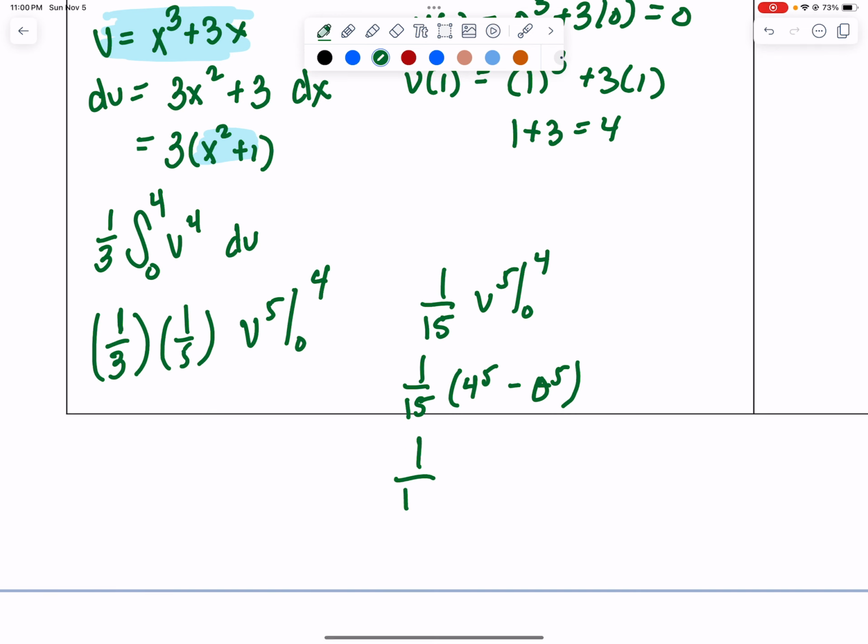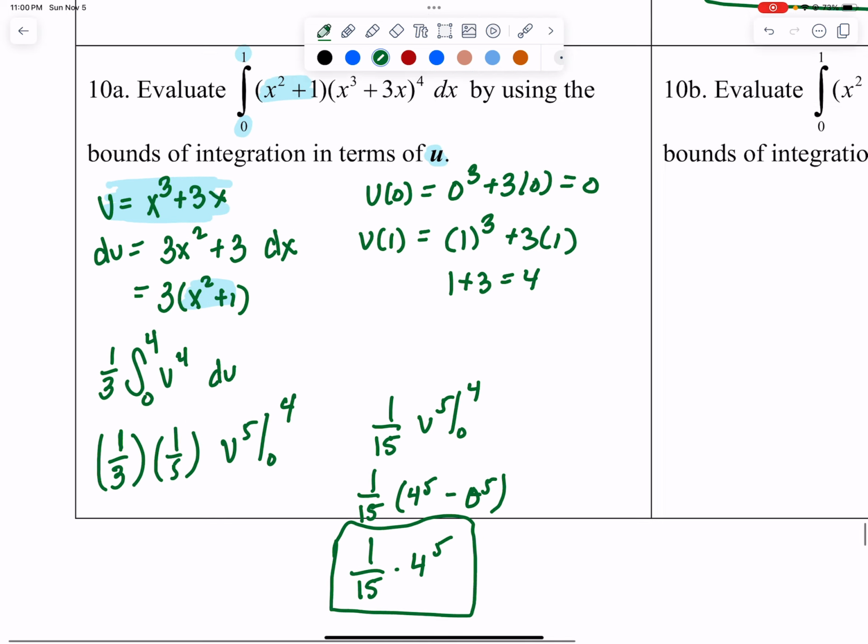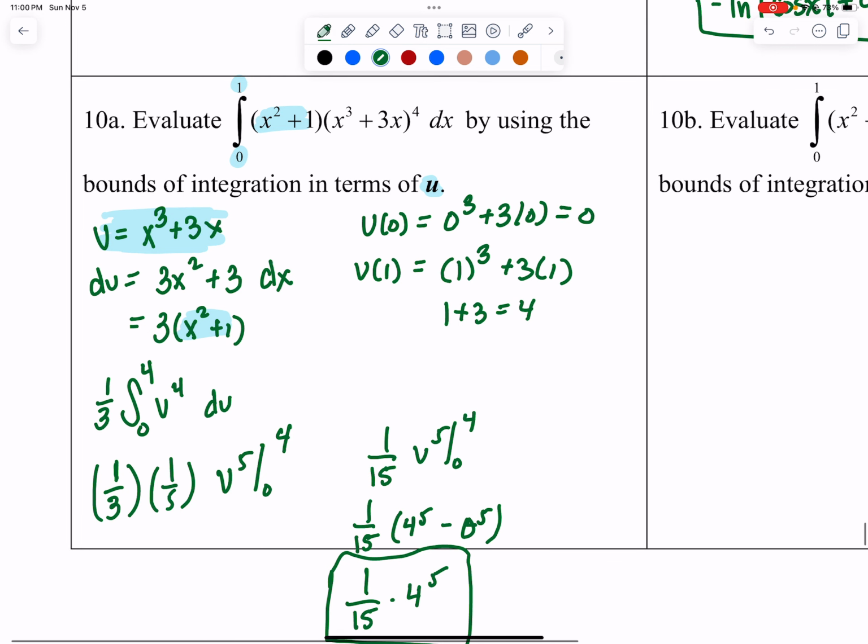So then you have 1/15 times 4 to the 5th. What is that? I don't know, it's probably a big number, but you could just leave it like that and call it a day. So 99% of the time, we are going to be using this where we are just going to leave it in terms of u. So we're going to change my bounds of integration with u.